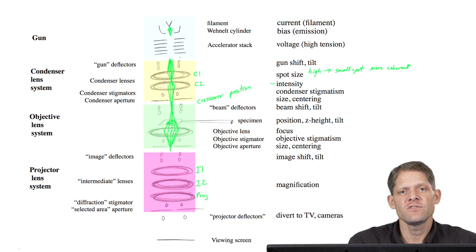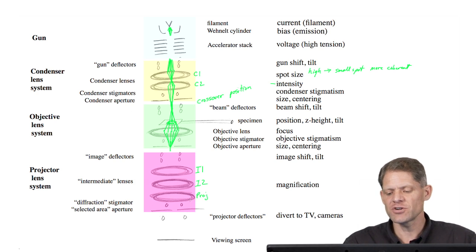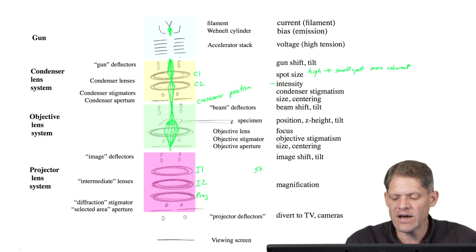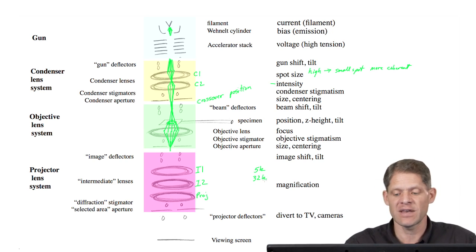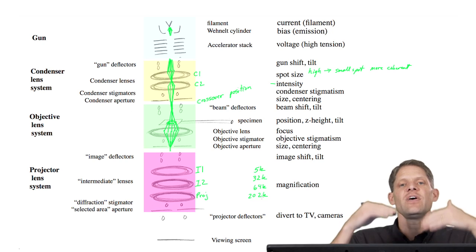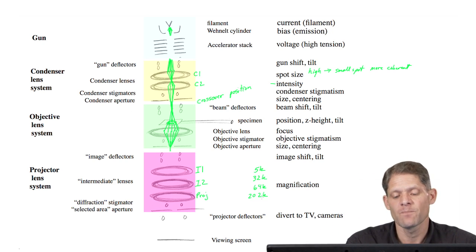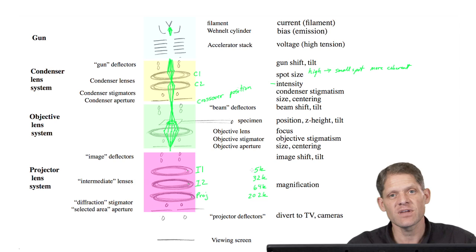But to simplify the situation, the microscope designers will have picked a set of magnifications, major step sizes, for instance, 5,000 times magnification, or maybe 32,000 times magnification, 64,000 times magnification, perhaps 202,000 times magnification. They've picked a set of magnifications and chosen currents for each of the lenses so that together they will produce that total magnification.